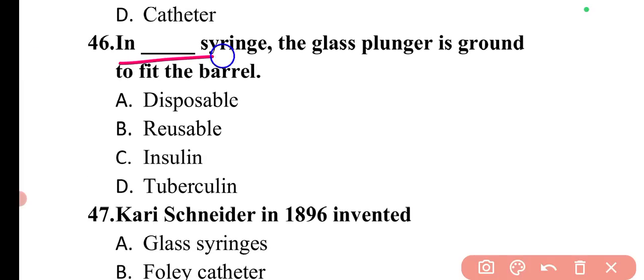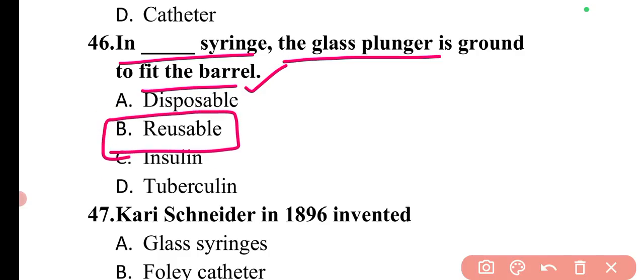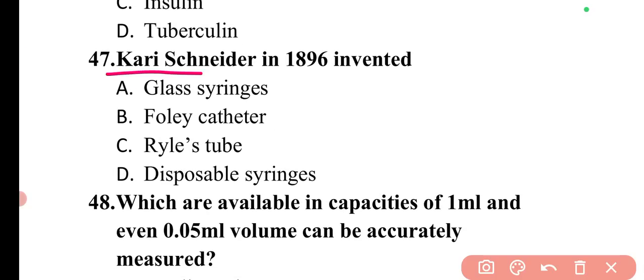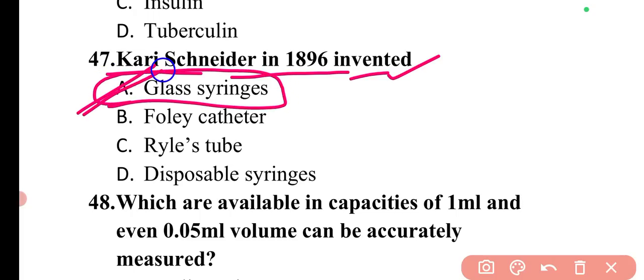Next question is, in dash syringe, the glass plunger is ground to fit the barrel. So in reusable syringes, a glass plunger is ground to fit the barrel part. So here option B is correct. Next question is, Carrie Skinner in 1896 invented. So he invented the glass syringes in 1896.